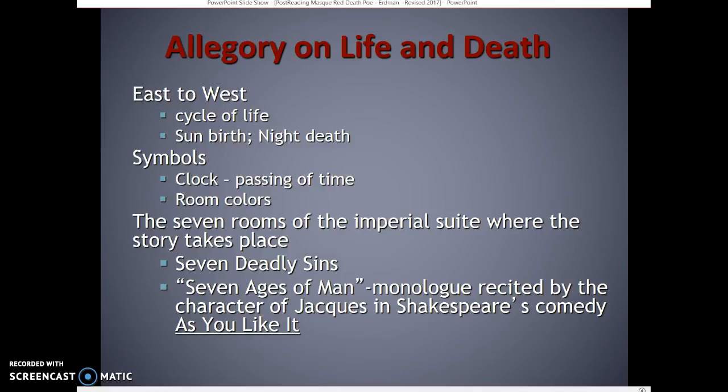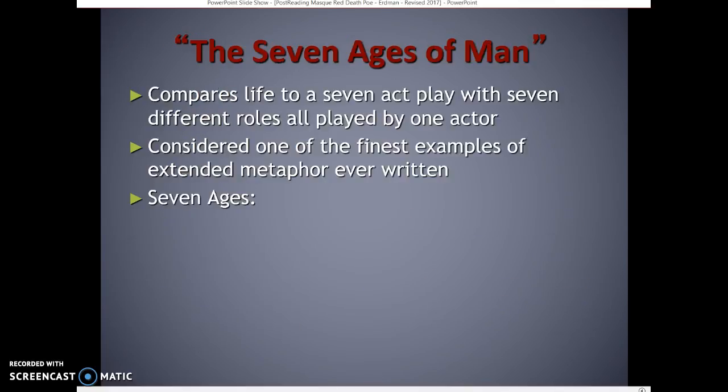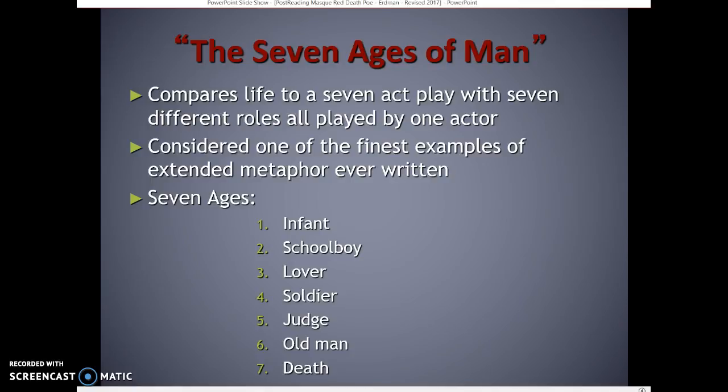It's a monologue recited by the character Jacques in Shakespeare's comedy As You Like It. The 7 ages of man compares life to 7 acts in a play. It's an extended metaphor. So the 7 ages of life are infant, schoolboy, lover, soldier, judge, old man, and then death.